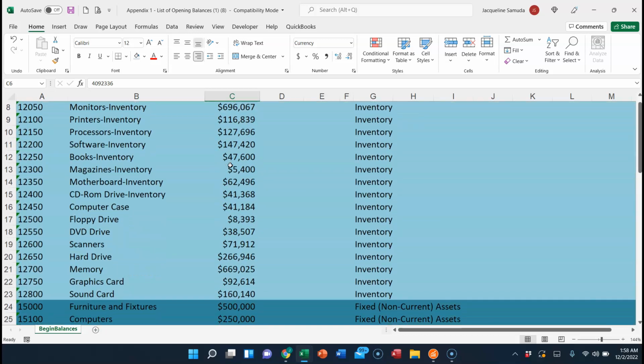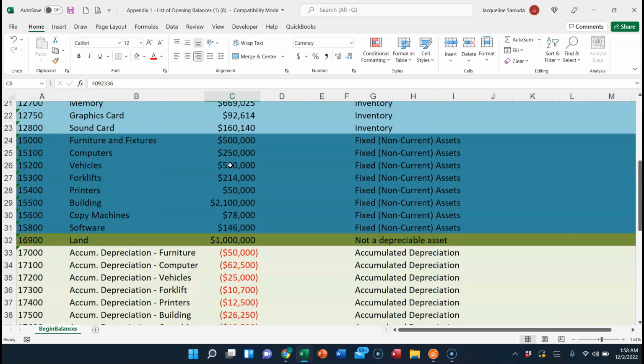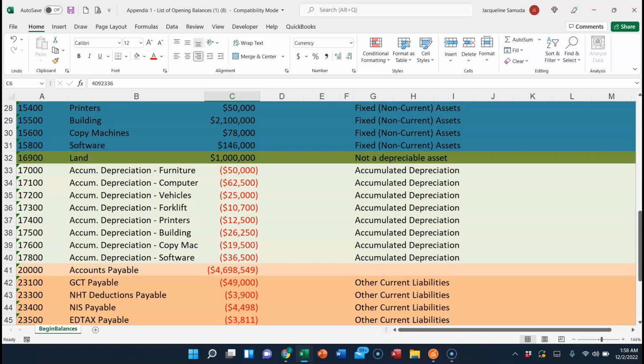Now there's another control account, which I'm going to scroll to, which is 20,000. And this control account is used to manage your suppliers. So this figure of $4,698,549, which was entered as a credit in your opening journal from Appendix 1, is the control total for accounts payable.